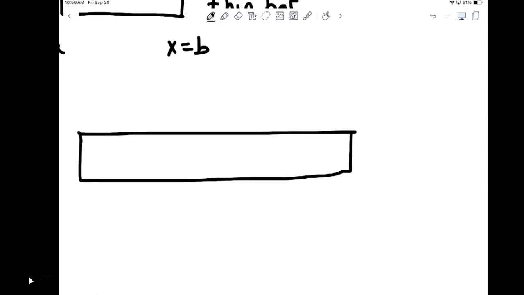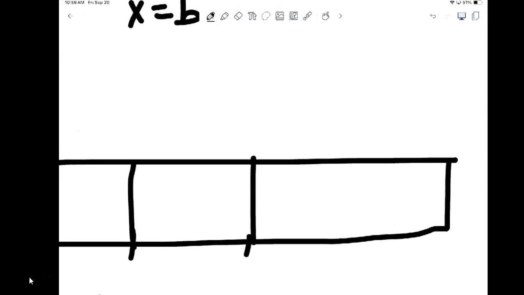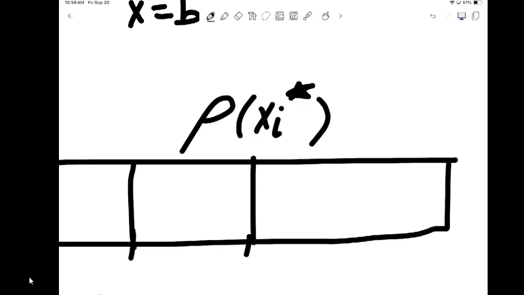Just like we did before, we want to subdivide. We would divide that up into little chunks so that we're looking specifically at the interval from x sub i minus 1 to x sub i, and we would estimate the density as rho of x sub i.